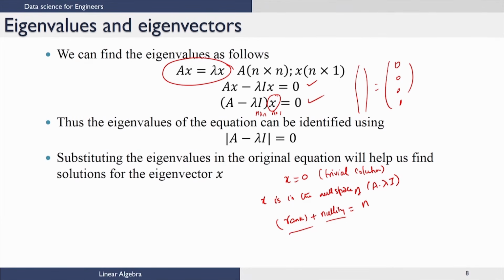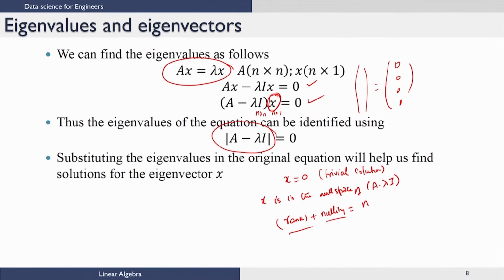So if there needs to be a solution for x, then the rank of the matrix A minus lambda I has to be less than n, that is, the matrix A minus lambda I is not a full rank matrix, and we know that if the matrix is not full rank, then the determinant of that matrix has to be 0. So in summary, if we want a non-trivial solution for x, then the determinant of A minus lambda I has to be equal to 0.